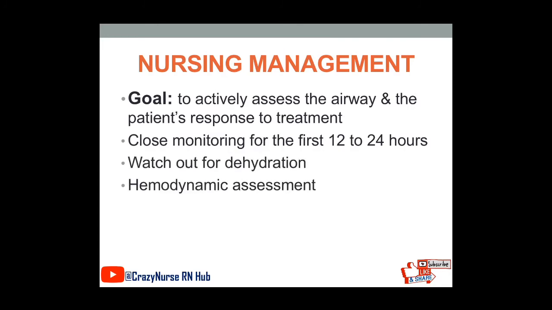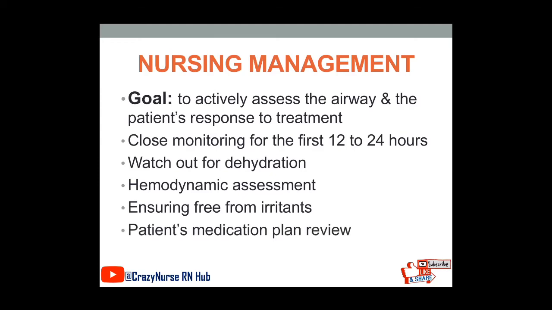We also have to assess the hemodynamics of the patient, such as the blood pressure as well as the cardiac rate. Also, we have to ensure that the patient is free from any irritants. And also, we have to review the patient's medication plan from time to time.